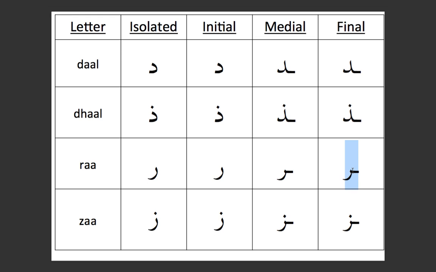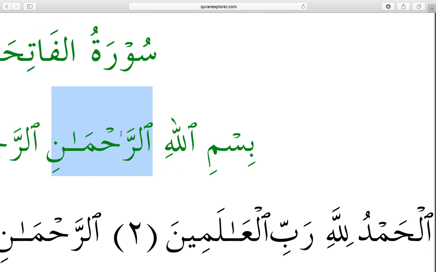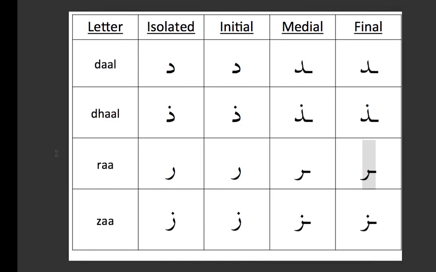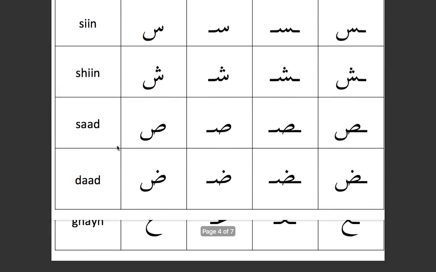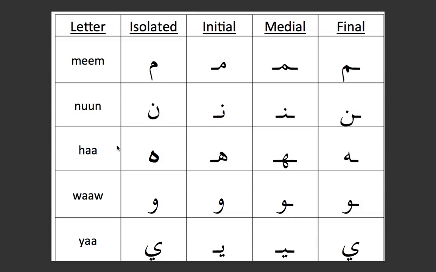So this is the final form of the letter Ra. This is Ar-Rahman. So next what we have is the initial form of the letter Ha, the medial form of the letter Mim, and the final form of the letter Nun. So let's take a look at the final form of the letter Nun. And this is the final form of the letter Nun.